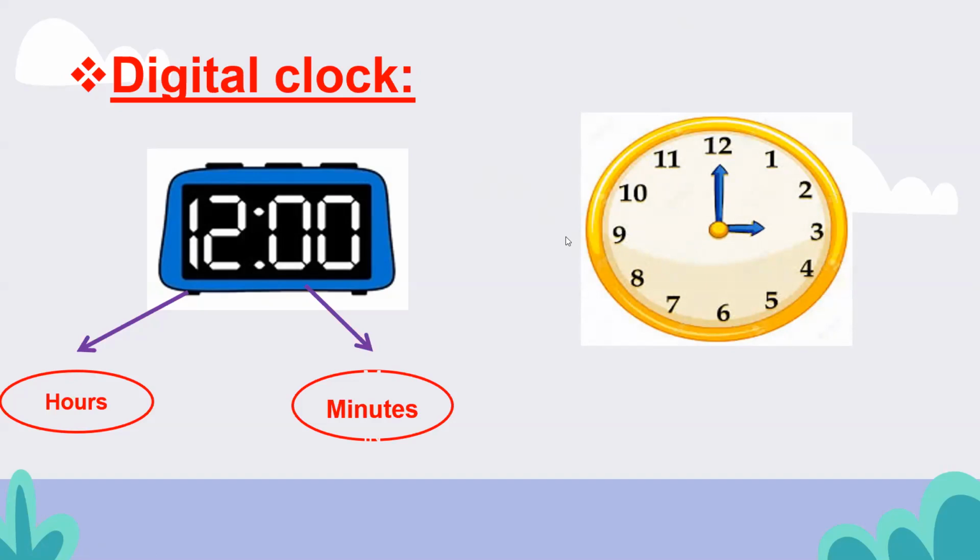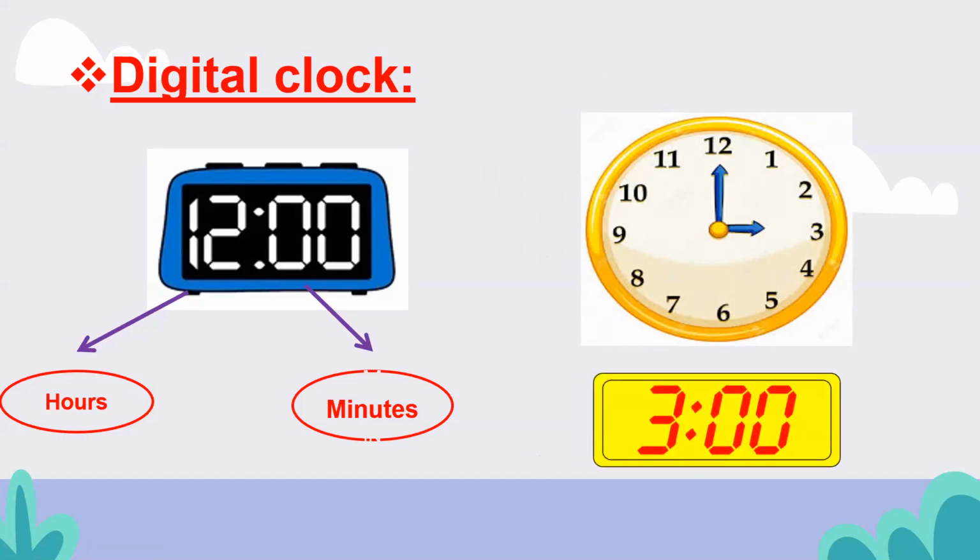Do you see the clock? Which time is that in the digital clock? Do you see the time? Very good, Malika and Yamin. All of you are excellent, my dears.